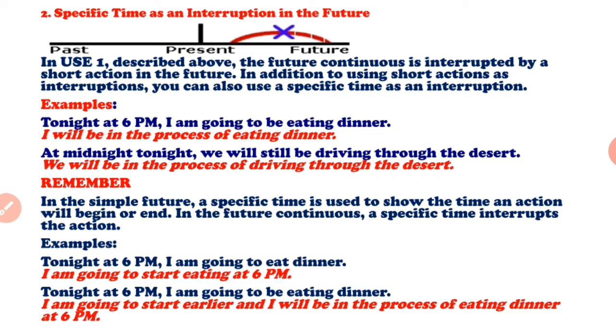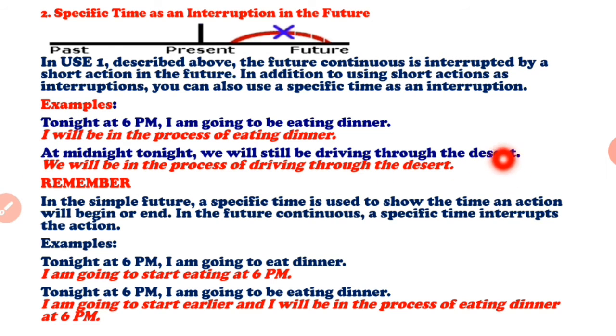Next you can take at midnight tonight. It means at midnight we will still be driving through the desert. It will happen in the future time, but here is another specific time which will interrupt this action.